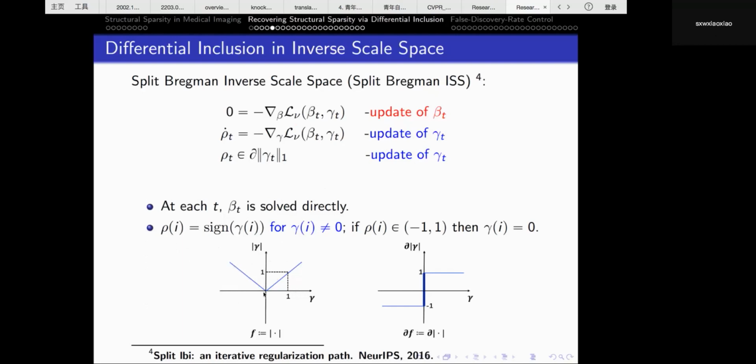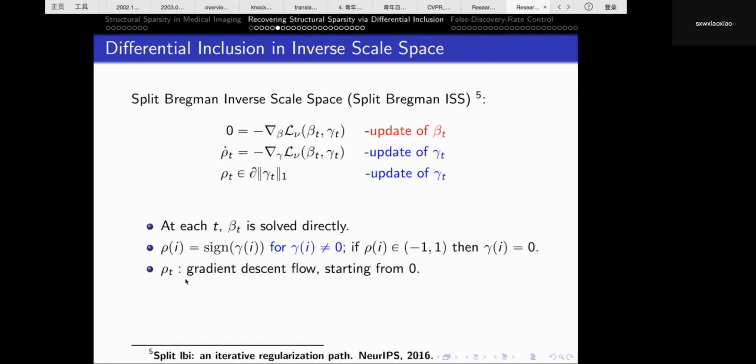It is differentiable except for the 0 point, where the subgradient belongs to -1 to 1. So rho equals 1 or -1 respectively when gamma is selected to be positive and negative.